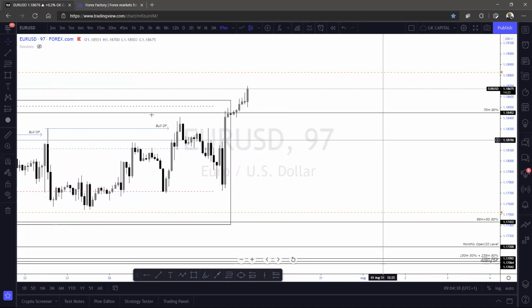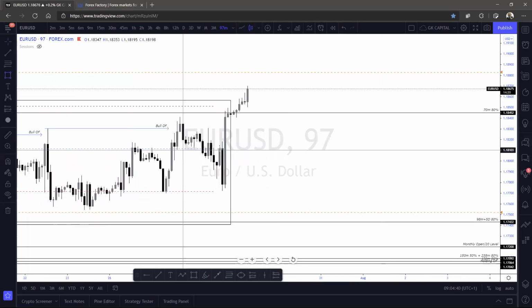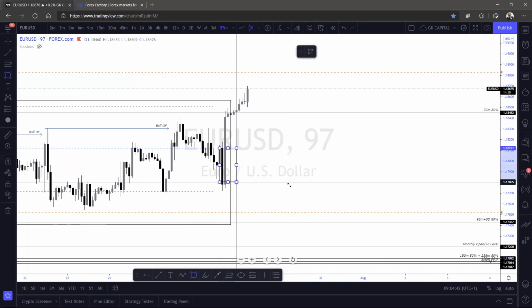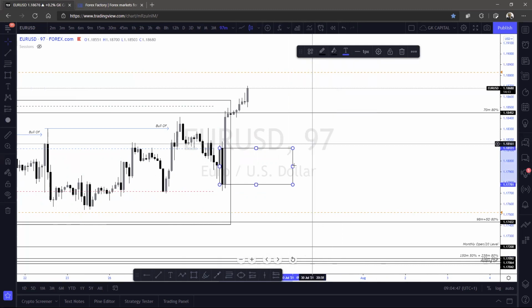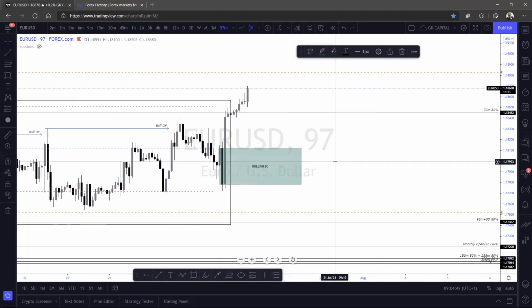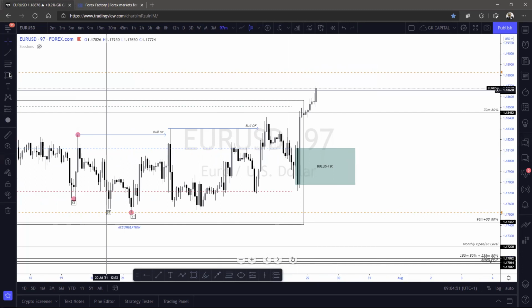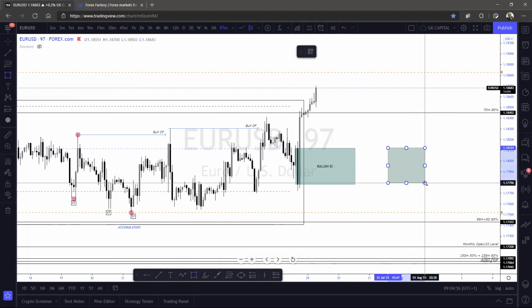Okay, so we can see this is the slingshot then. The slingshot. I need an accumulation in here.